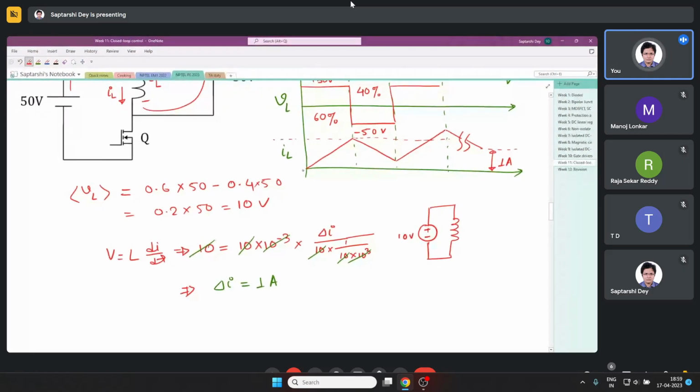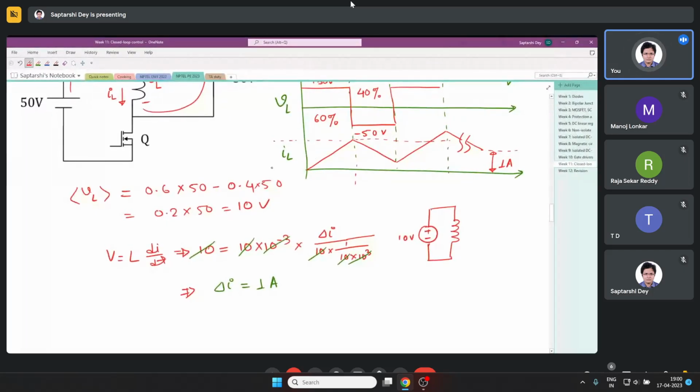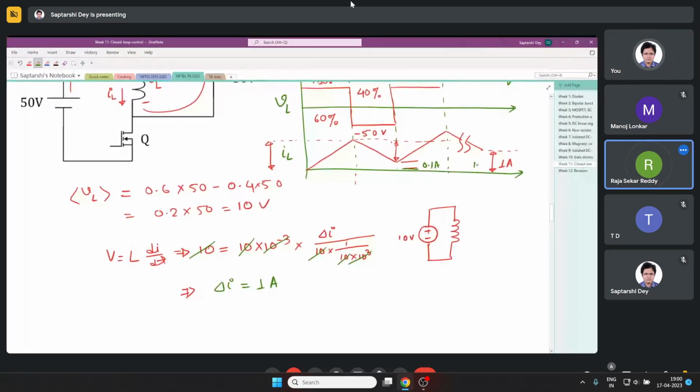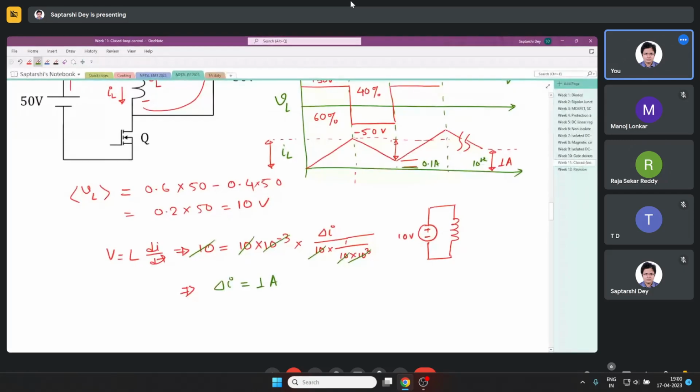For the on time, we can find the exact current value, and for the off time, how much it drops, another current value. So this much is the increment in one cycle; multiply it by 10 and you get the value at the end of the 10th cycle. The first cycle might be 0.1 amps, and at the 10th cycle it will be 1 amp.